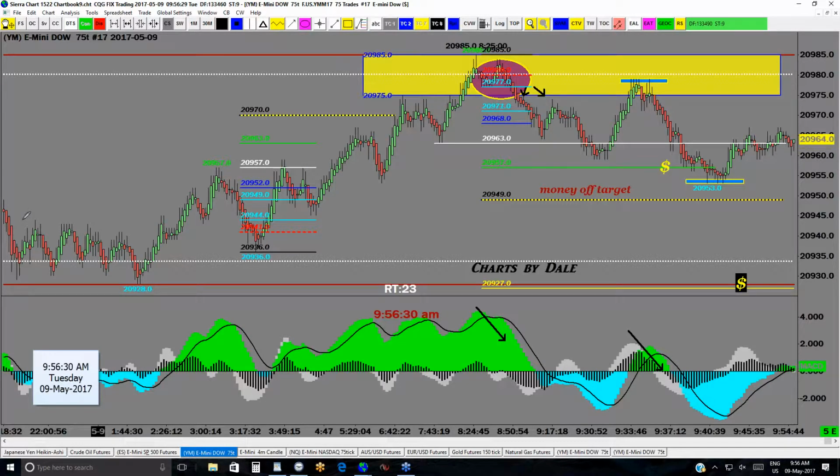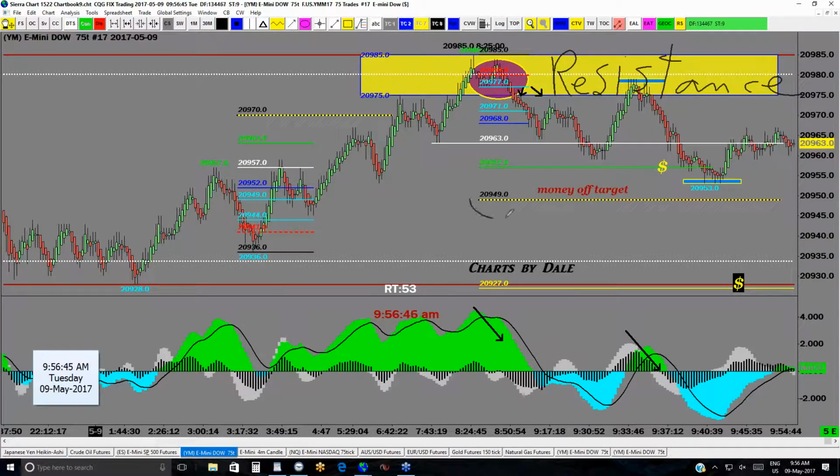So if you shorted in either resistance area, our money off targets, 20949 and 20927, were targets to the downside here. We did have a target earlier to the upside, and that target was 20991.